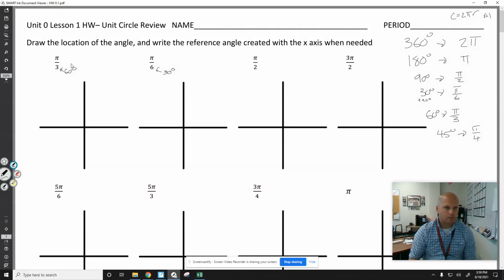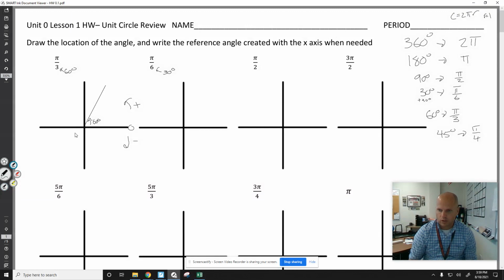Okay, so let's find it. Again, this is 0. We add by going counterclockwise. We subtract by going clockwise. A 60-degree reference angle would be right here. Write the reference angle created with the x-axis when needed. Sure, this is 60 degrees.